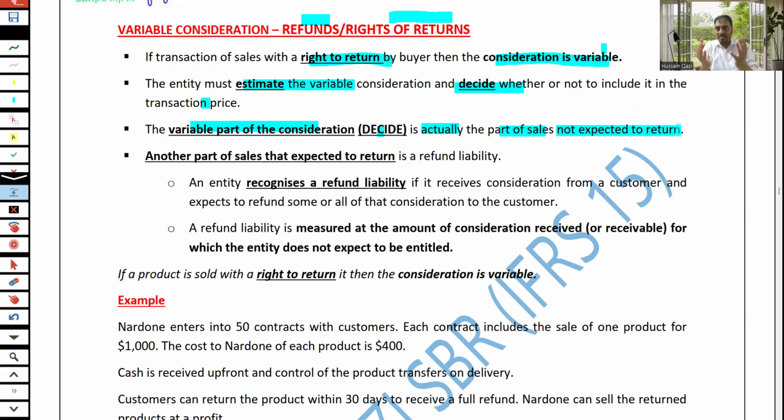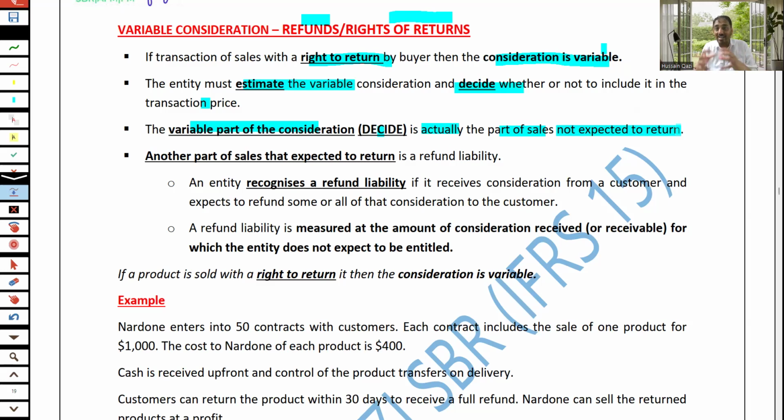Variable consideration means, with the right of return, which part we consider as confirmed sales. Or I can say variability means the chances of events occurring which are beyond the entity's control, that may or may not happen. Yes, exactly.